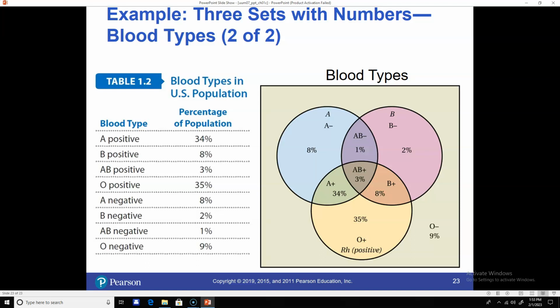And then outside of that, they're on their own, right? You have your A negative at 8%, your B negative at 2%, and your O positive at 35%. And then outside, not intersecting with any of the circles, is the O negative. So those are the 8 regions that are represented in this Venn diagram.